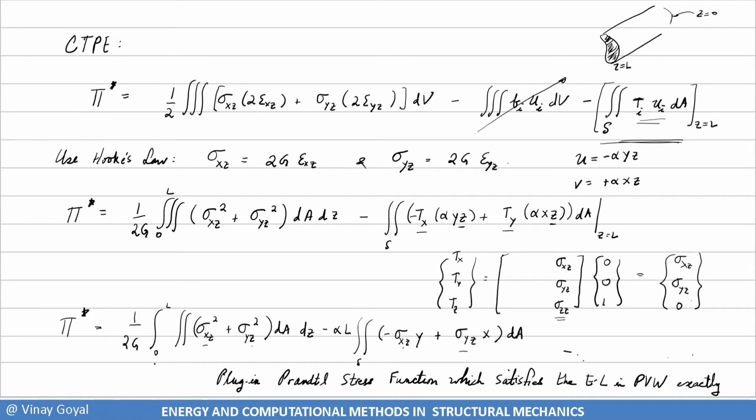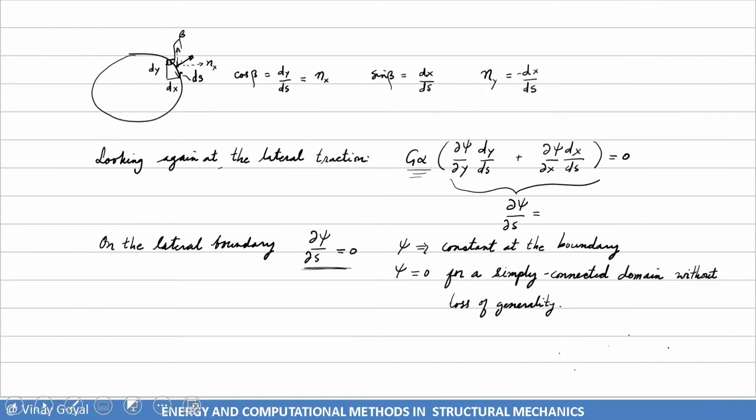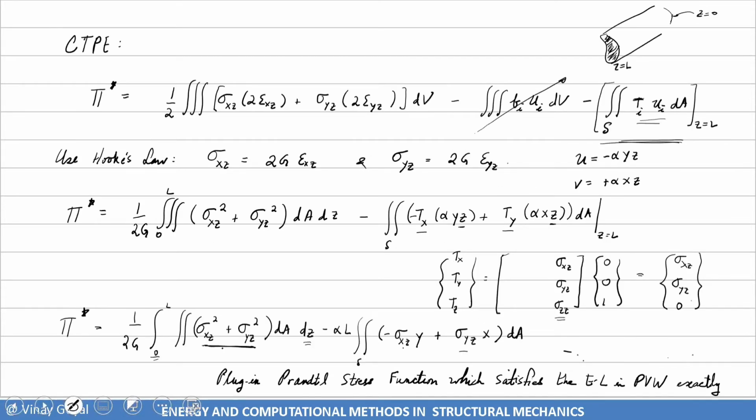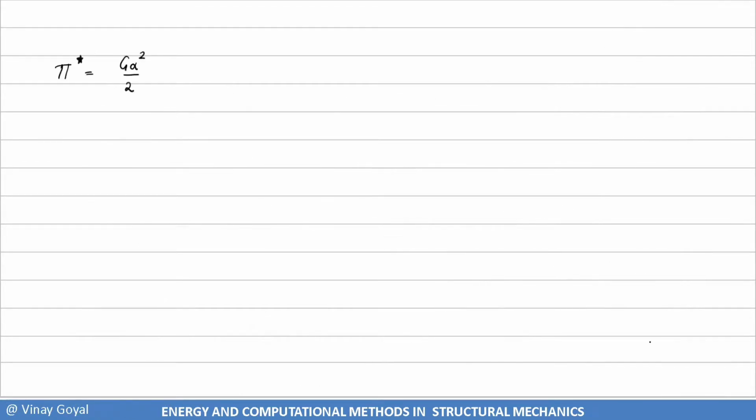I also have this integral from 0 to L dz, and you can see that none of this stuff here depends on z, right? So you can look at our stress functions do not depend on z. Okay, so I can basically have a factor L come out from there and not have to worry about that.